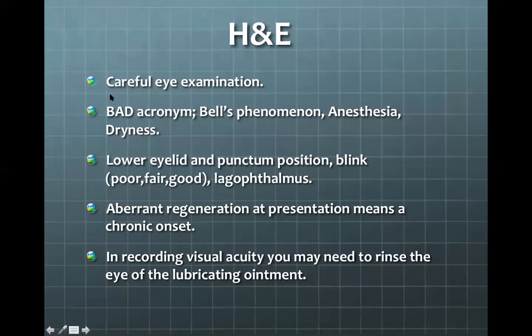There's an acronym, BAD, so that you don't forget to check the Bell's phenomenon, anesthesia by checking the corneal sensation, and dryness, to check the dryness of the cornea and the severity of the dryness. You should also check the eyelids, the lower eyelid and punctum position, the strength of the blink, and how frequent, is it poor, fair, or good, and the length of the lagophthalmos.